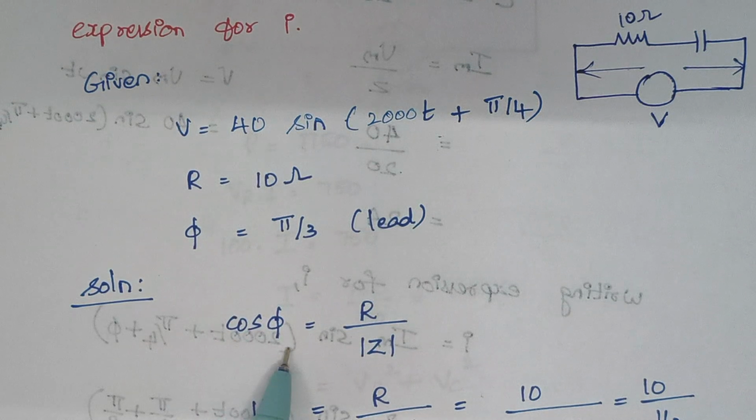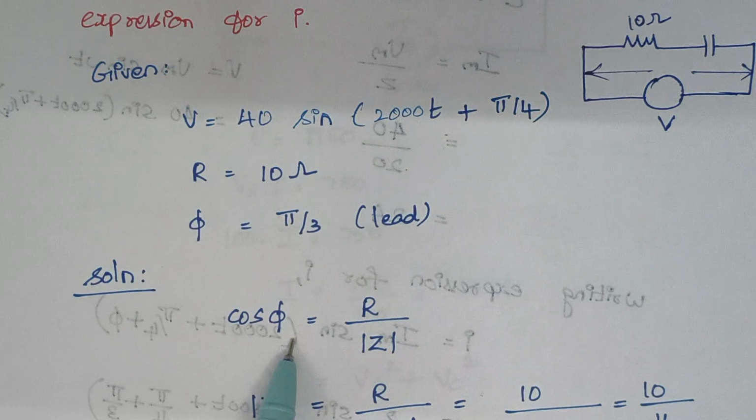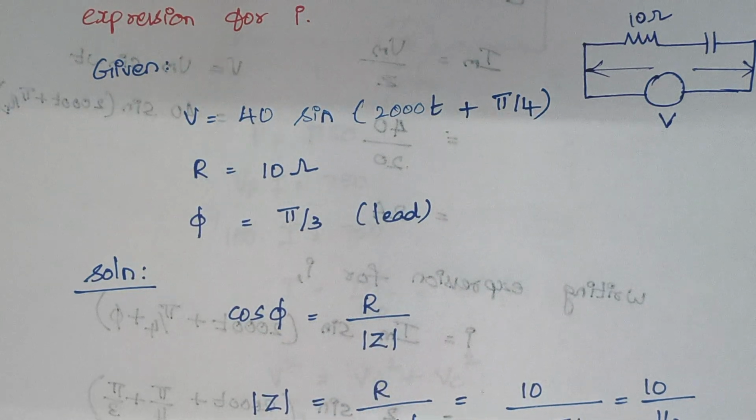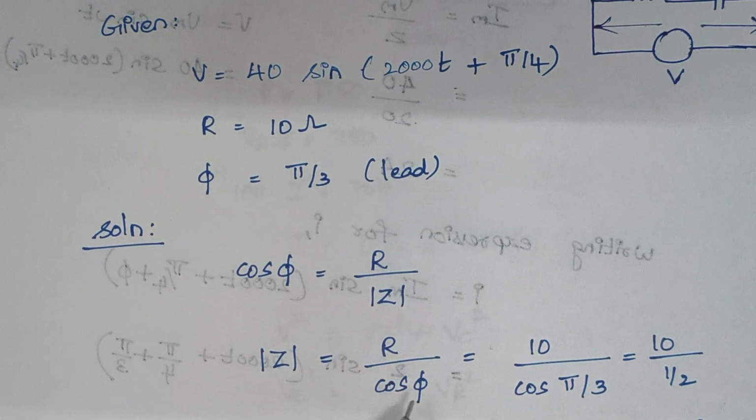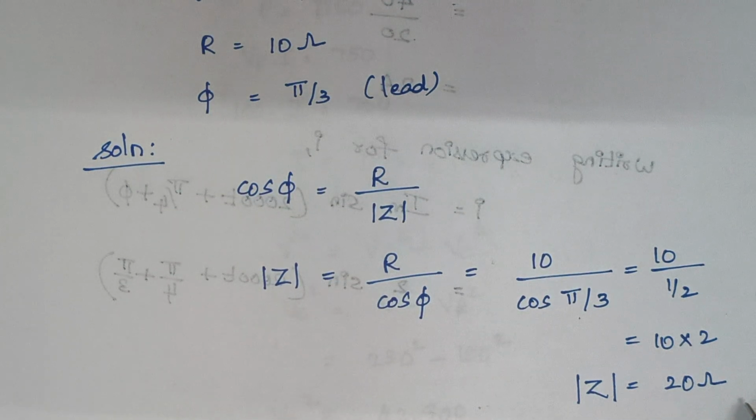Therefore, cos phi is given by R by Z, right? So we know phi, we know the value of R. So we can easily calculate Z. Therefore, Z is given by R by cos phi, and here in the place of phi, just substitute pi by 3. Therefore, 10 divided by 1 by 2. So that gives the answer as 20 ohms, right?